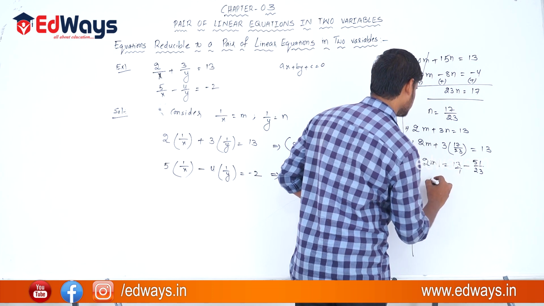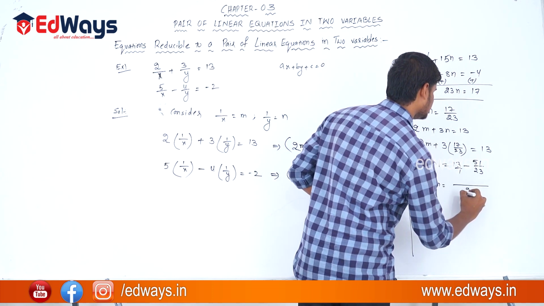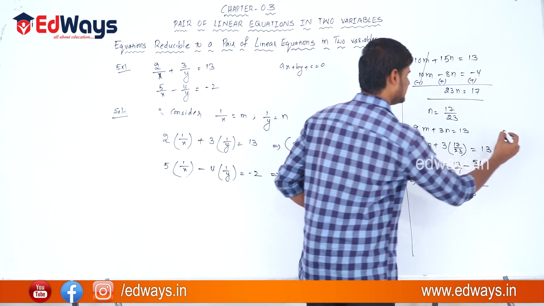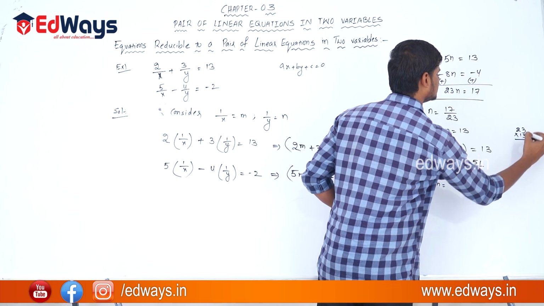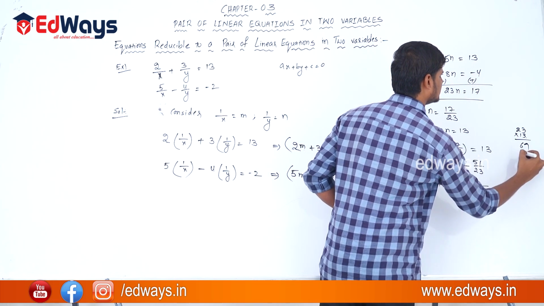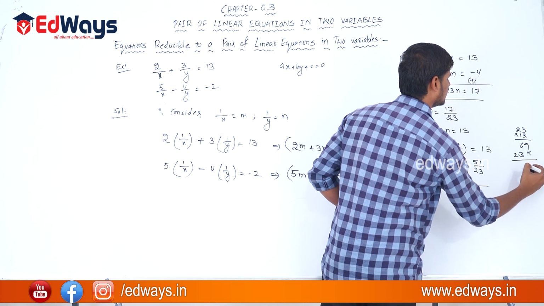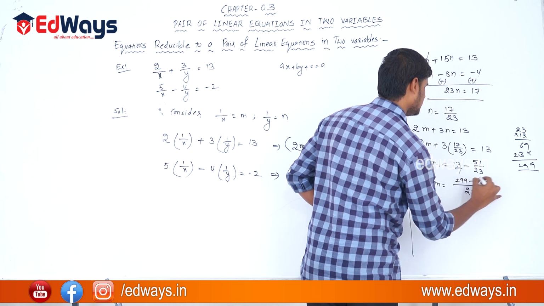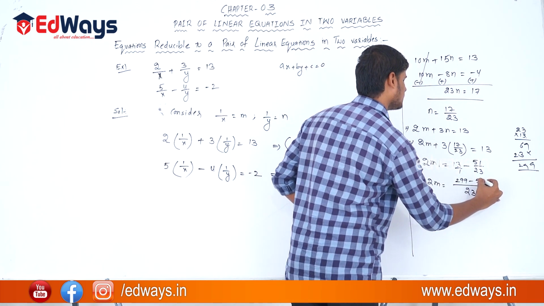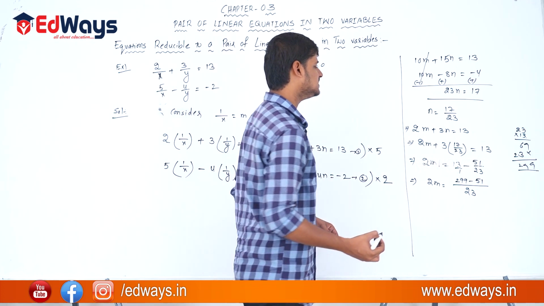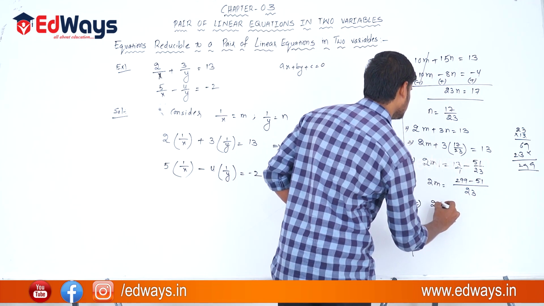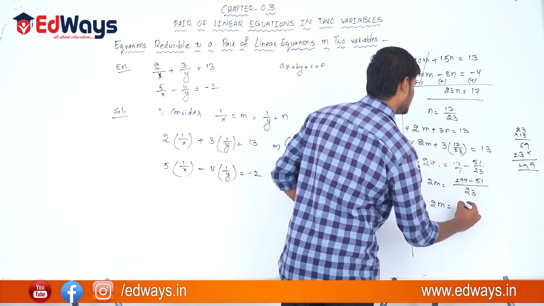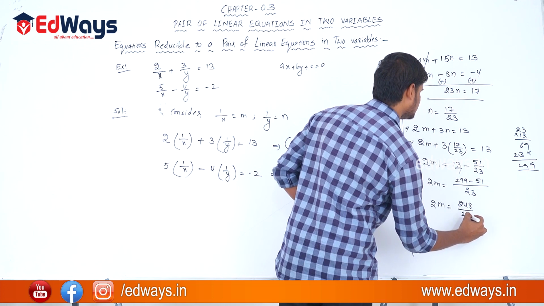Okay, so then 2m is equal to, take the LCM, 23 is the LCM, so 23 into 13, 3 3s are 9, 6, and then 3, 2, so it's 299, 299 minus 51, so that is equal to 248 by 23.